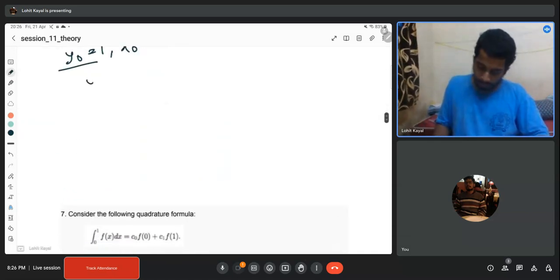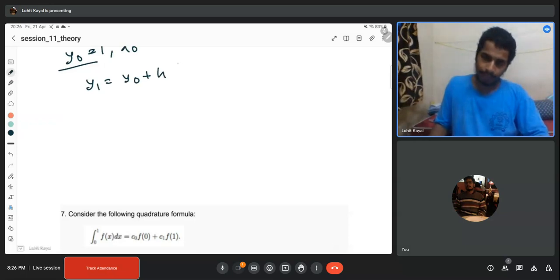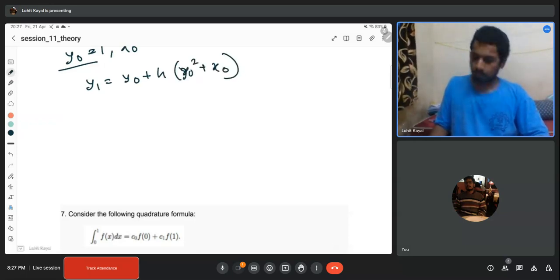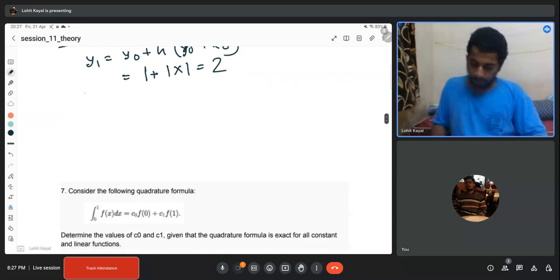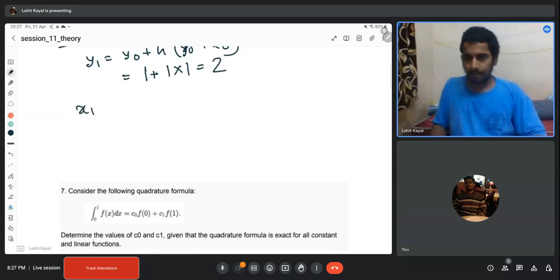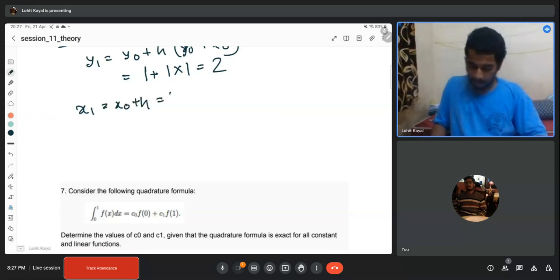So the first step will give me y1 equal to y0 plus h (y0 square plus x0). So this is the first step. This is equal to 1 plus 1 into 1, which is equal to 2. Now at the next step, I need to find x1. x1 equal to x0 plus h equal to 1.